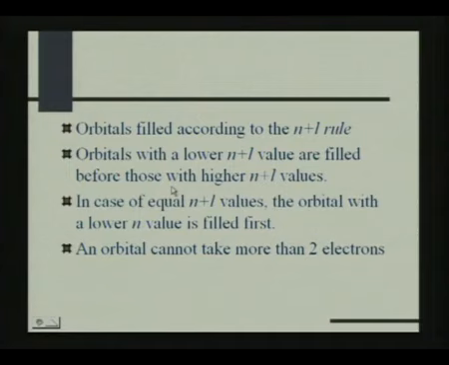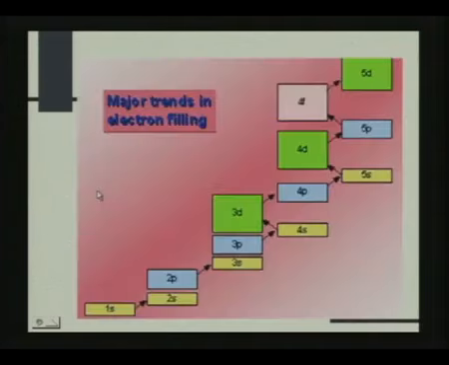For 4p, n is 4 and l is 1, so 4 plus 1 is again 5. Then which one will be filled first? Obviously the one with the lower n value, that is 4p.